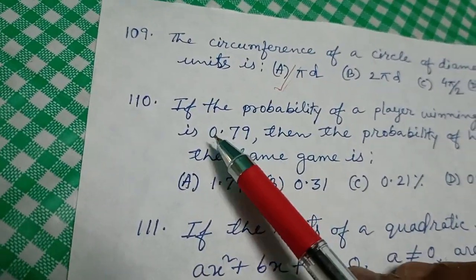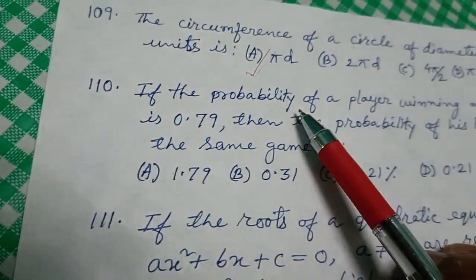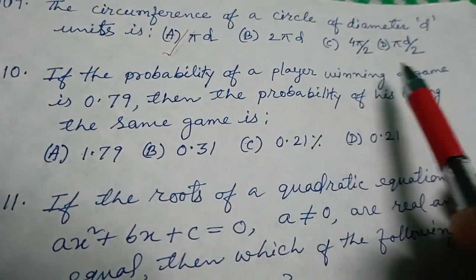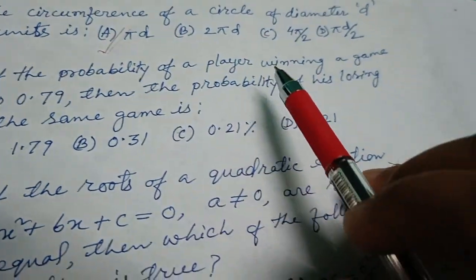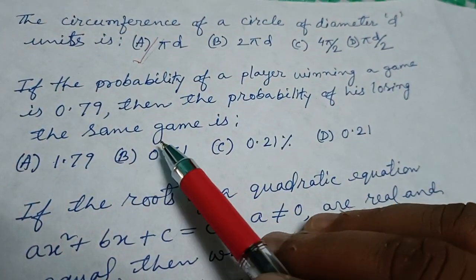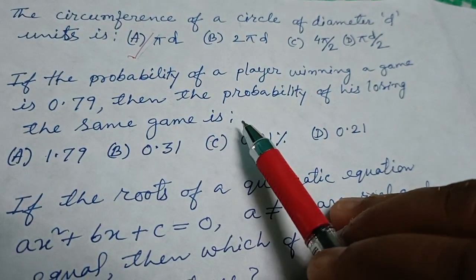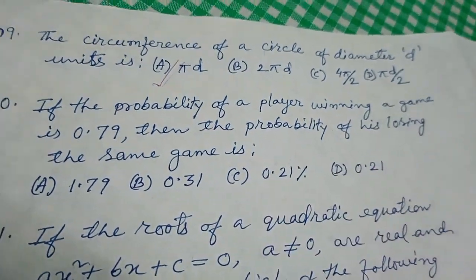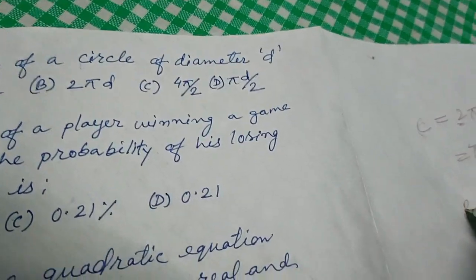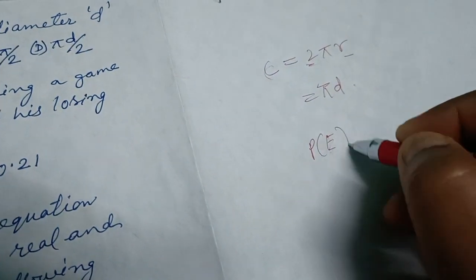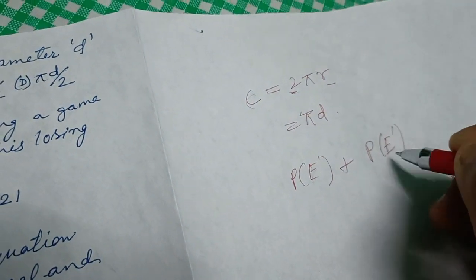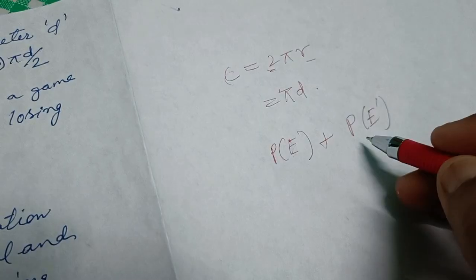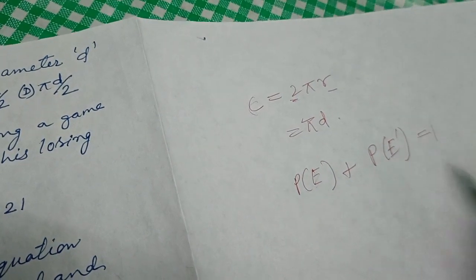110. You see, if the probability of a player winning a game is 0.79, then the probability of losing the same game is what? Now you know one thing, P(E) plus P(not E), that is probability of an event plus probability of not the event, is equal to 1.